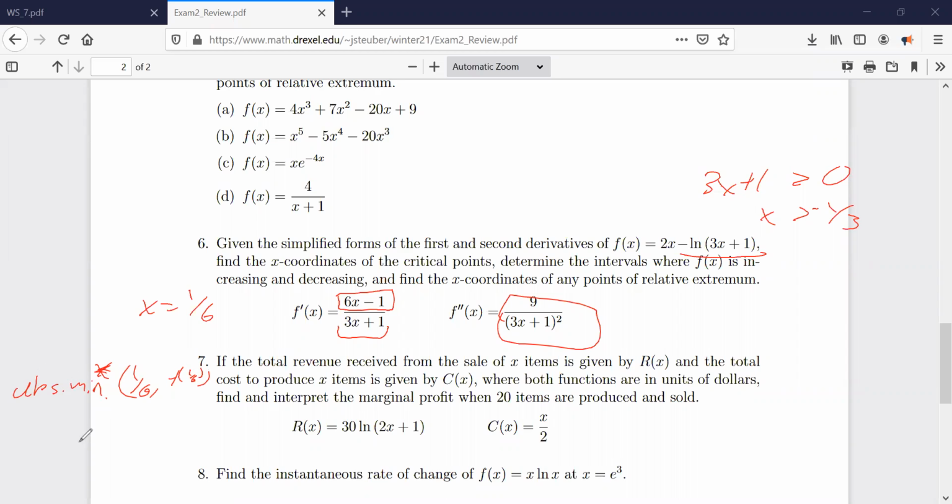It's also a relative min, because it switches from decreasing to increasing. From negative 1/3, not inclusive, to 1/6, also not inclusive, the function is decreasing. In other words, we have a negative derivative. And from 1/6 to infinity, it is increasing, or we have a positive derivative. Does that make sense to people?